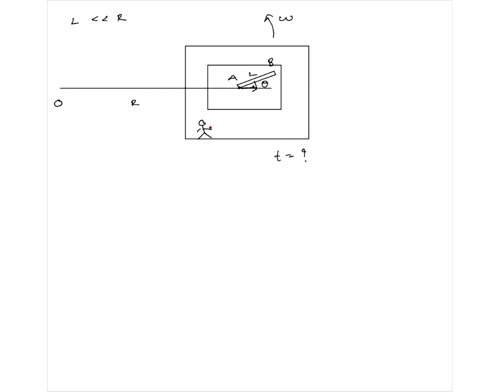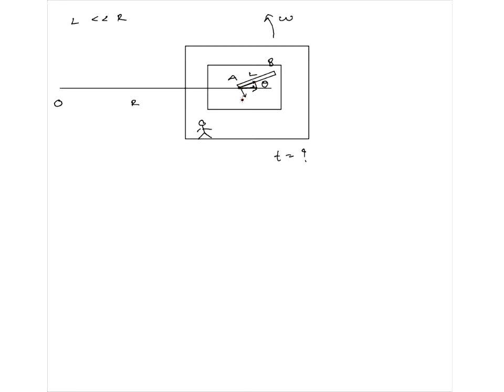This person will say there is a centrifugal force acting and that centrifugal force will have a component in this direction, it will have a component in this direction, two components. It is due to this component that the particle will move.